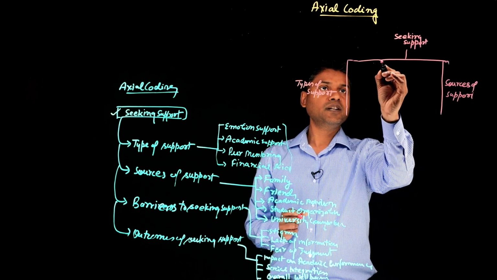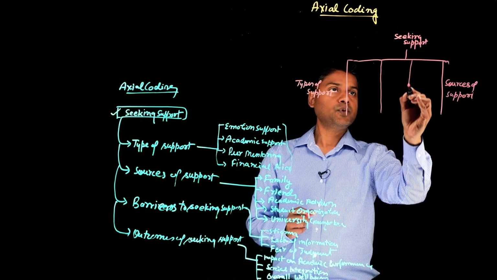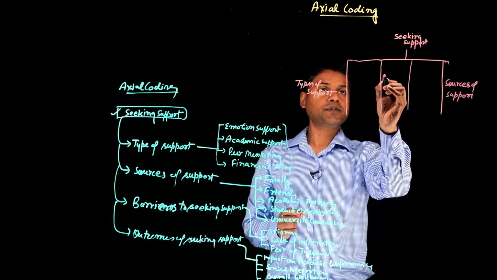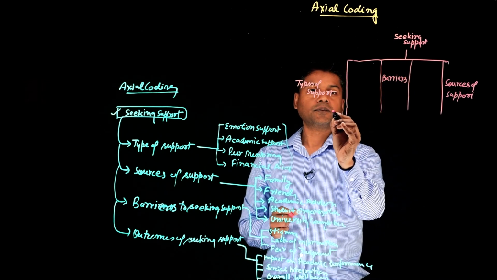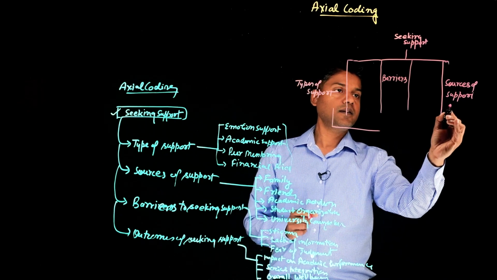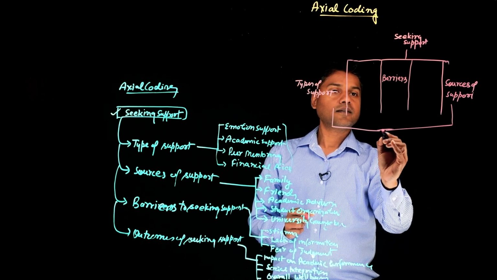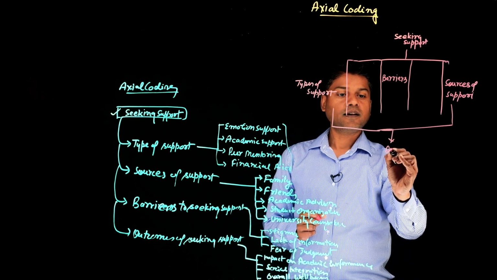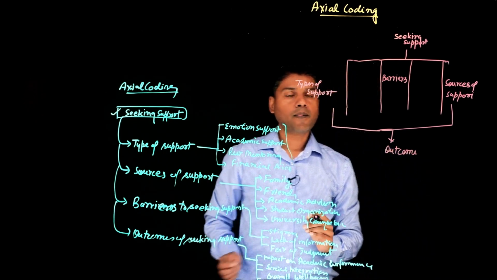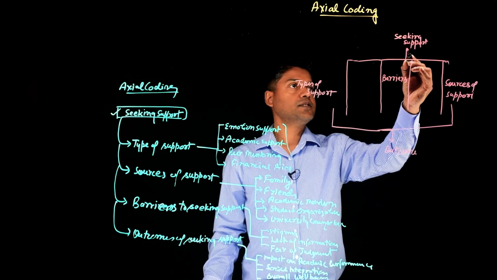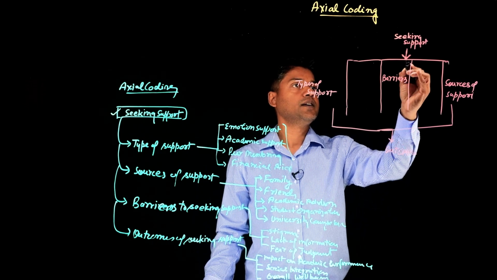And then in the middle, I'm putting barriers. And here, outcome of support. So seeking support is the main category.